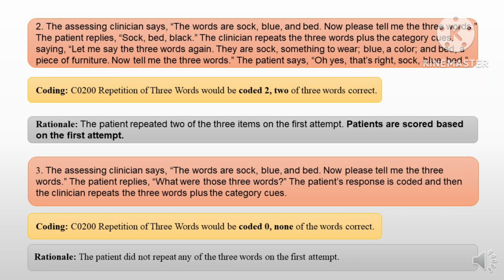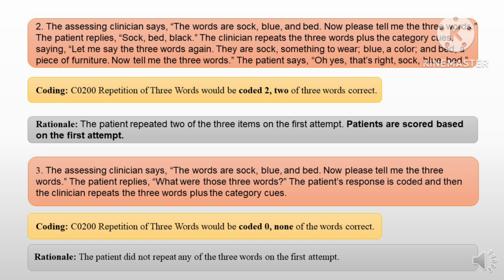The assessing clinician says, "The words are sock, blue, and bed. Now please tell me the 3 words." The patient replies, "Sock, bed, black." The clinician repeats the 3 words plus the category cues, saying, "Let me say the 3 words again. They are sock, something to wear, blue, a color, and bed, a piece of furniture.